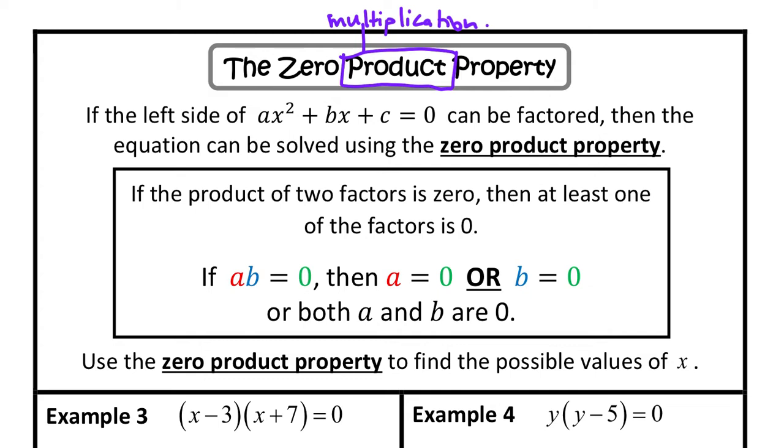It's using the idea that if I have two numbers and I don't tell you what they are, but I say I multiplied two mystery numbers a and b and I got 0, then what can you assume about a and b? You can say that maybe a is 0, because anything times 0 is 0, or you can also assume that maybe b is 0.